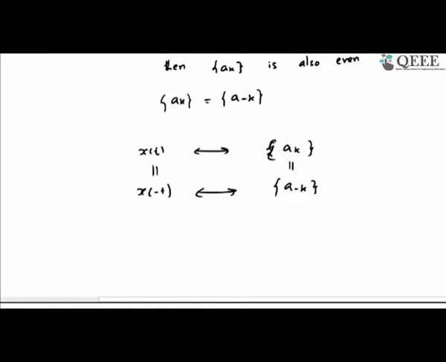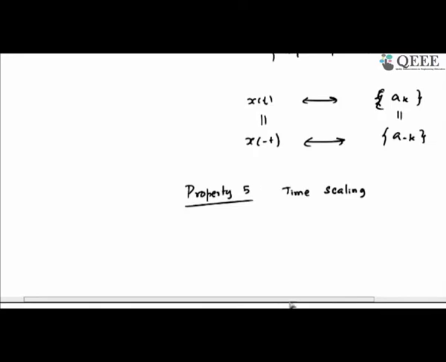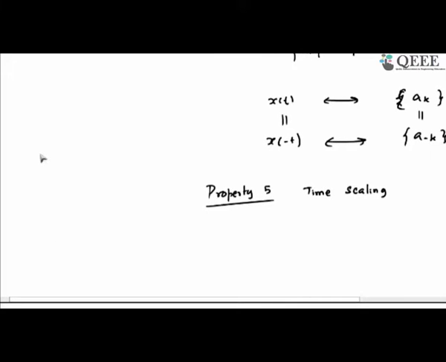Okay, so I will discuss one last property and then we will discuss question and answers. Property 5 is time scaling. So I will show what we mean by time scaling. So for instance, x of t is this function.